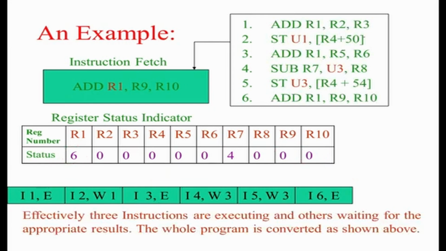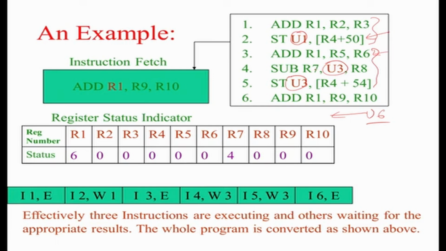I3 is executing, and I4's and I5's R1 are waiting for unit 3. That means I have renamed these R1s with U3 and this R1 with U1. Are you getting this? Similarly, subsequently, if there is an R1 here, it will be waiting for unit 6.